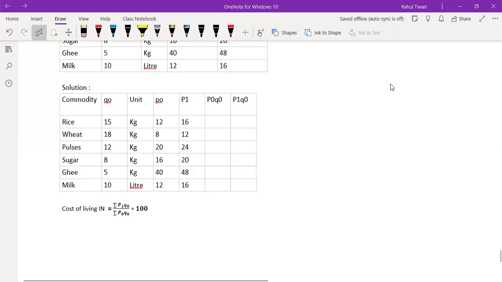Cost of living index 106.8093. Yeah, could be. Anyone else got the same answer? 106 point, how much is it? 8093.